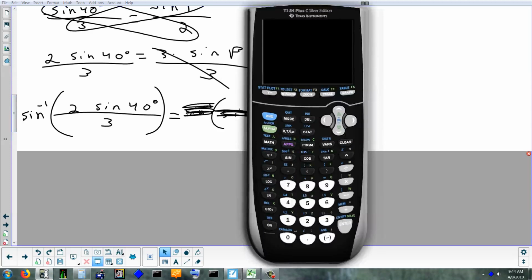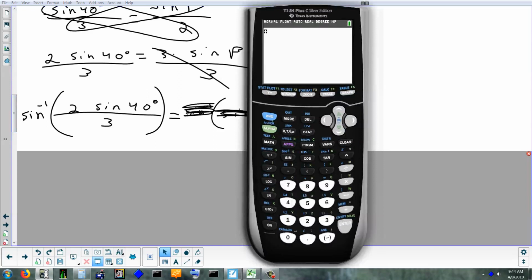Okay, so let me show you how you type all that in. So second sine, that's your inverse sine, 2 sine 40. Now, close the parenthesis for the argument to the sine function. You still have to do divided by 3. And now close the parenthesis again for the inverse sine.